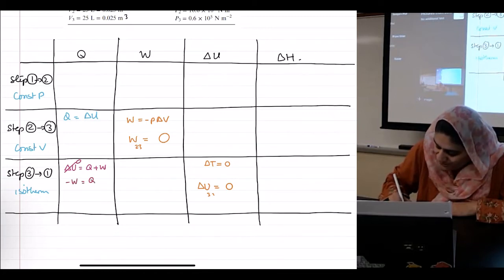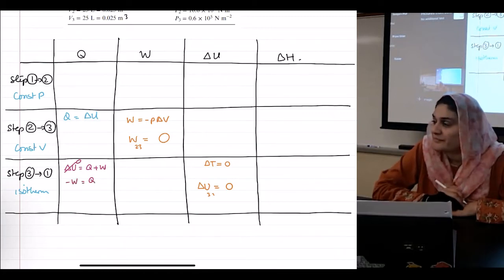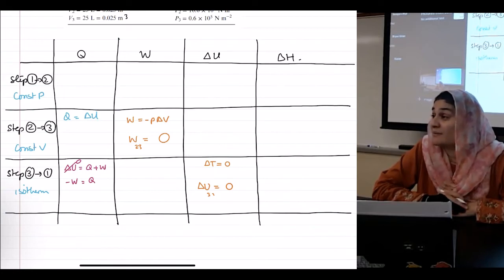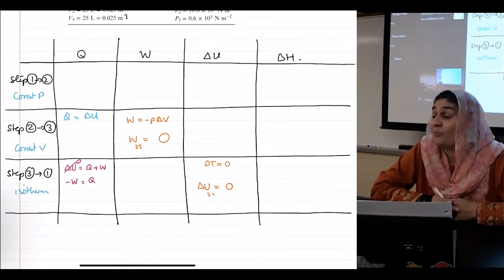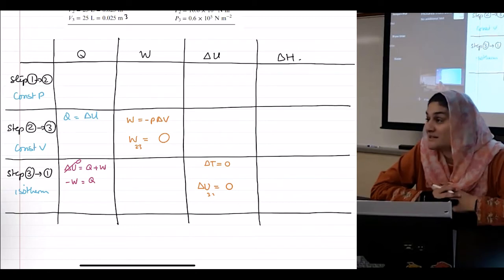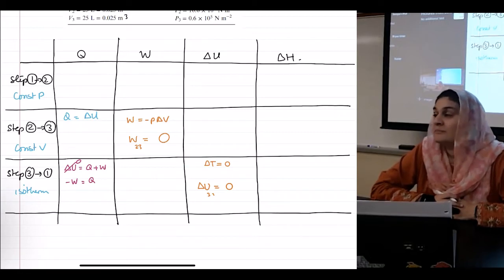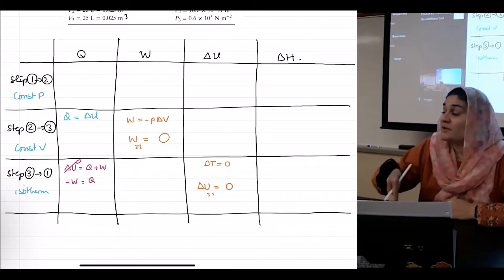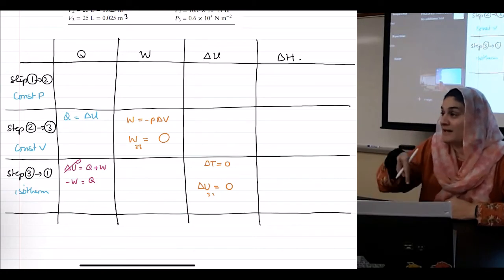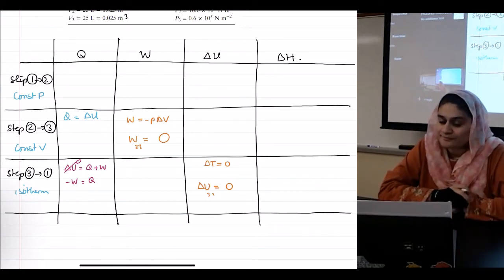Q must equal negative W. So for an isothermal step, even though delta U is 0, work could still be done and Q is still there. I was looking at the NC delta T. Is that not the correct one to use? No, not in this case. It is going to be correct for other ones, but not particularly for this case.